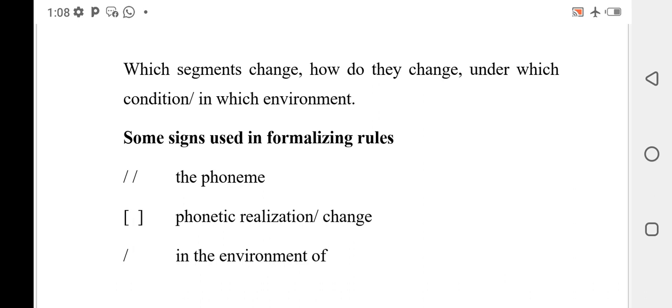Now, two slash brackets signifies phoneme enclosed. Two square brackets signifies a phonetic realization enclosed. One slash bracket says that something is occurring in the environment of another thing.